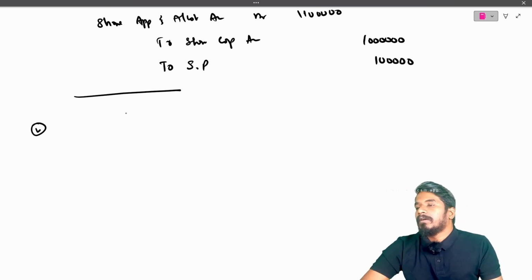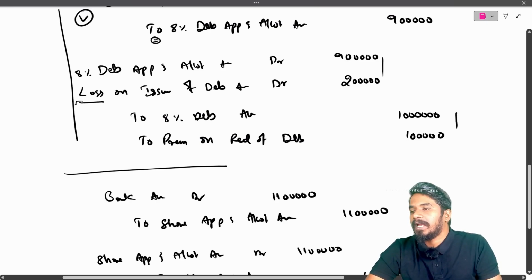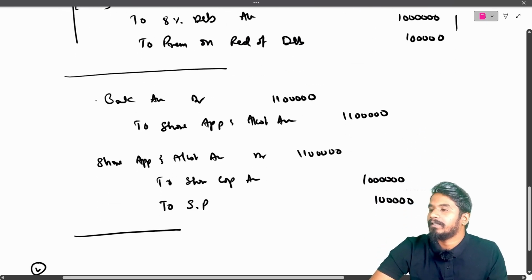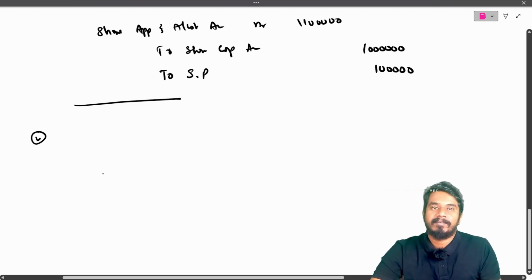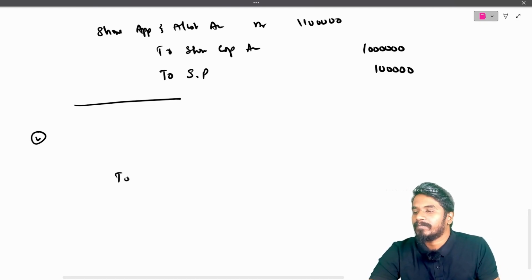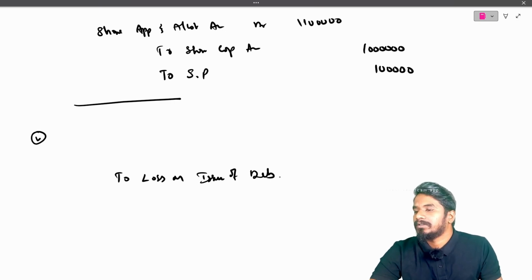So loss on issue of debentures, we have debited it earlier. If we are covering it with security premium, we will reverse it to loss on issue of debentures. Right. So loss on issue of debentures, how much? 2 lakh rupees was the loss.